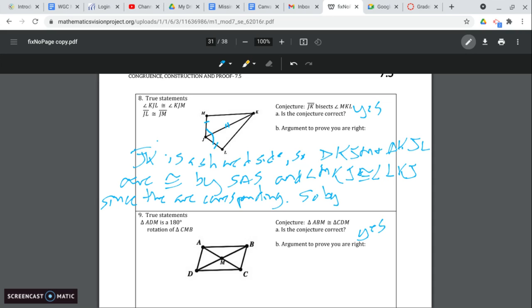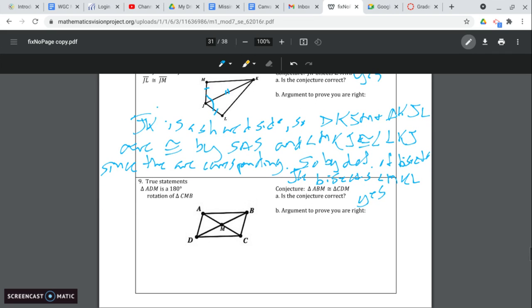So by definition of bisector, JK bisects angle MKL. So we proved that the triangle is congruent. Then using that, we can say that these two angles are congruent. And then because this line is going through the middle, that means it is bisecting them.